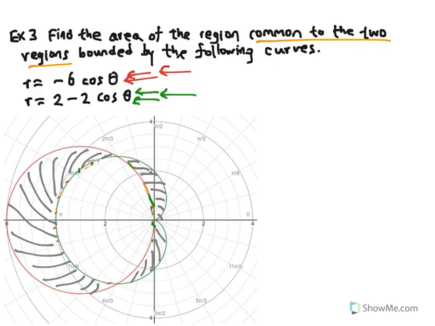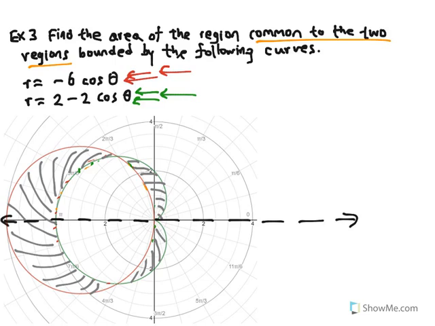So how do we find the area of this region? One thing that you may notice right away when you look at the figure here is that there is symmetry for this region. And the symmetry is with respect to the line containing the polar axis. Of course, here's the polar axis, and the line containing the polar axis would continue to include the radial line theta is equal to pi.